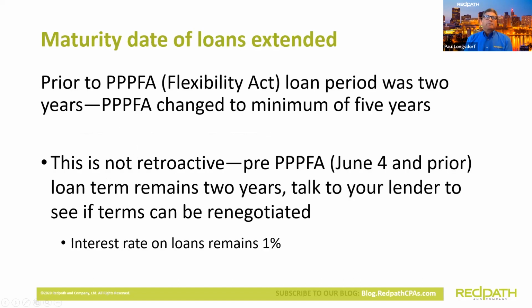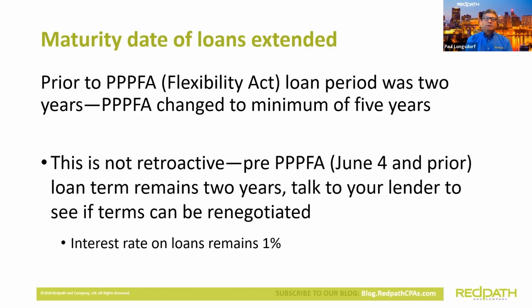So now for some of the changes. The loan period, again, assuming the portion of your loan that does not get forgiven, in the initial CARES Act was 2 years. The PPP Flexibility Act changed that to a minimum of 5 years.